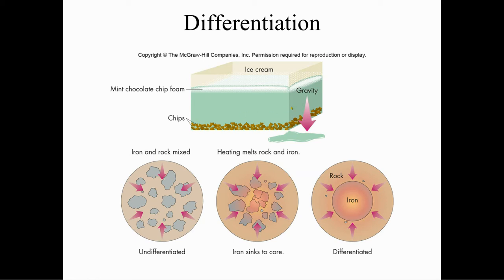The mint chocolate chip foam will be on top because it does not have the same density. So the more dense materials fall to the bottom. They use this to show us how, when Earth was molten, the heavier iron and the heavier nickel moved into the core. It's pulled out just like this. The more dense materials, the more dense elements, will be pulled towards the middle of the Earth.